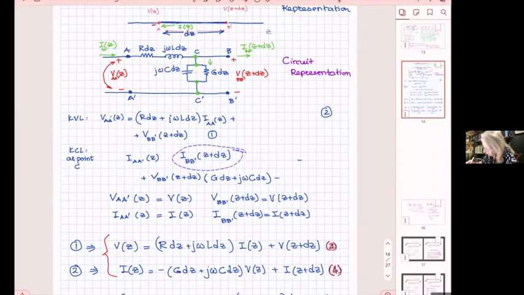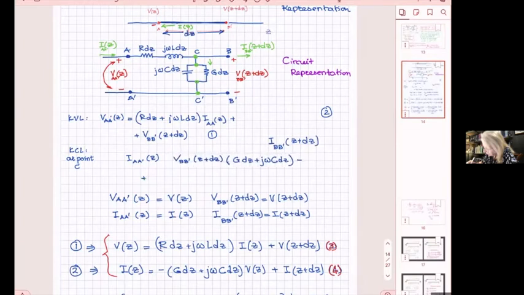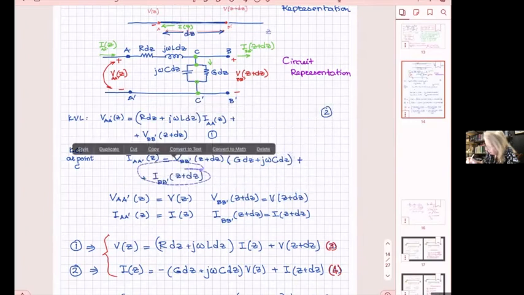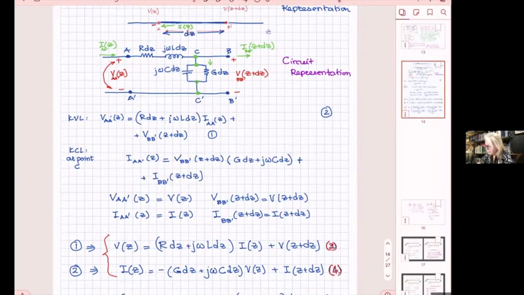Let me move this back. There is an equal sign, plus this one. Now it's better. Okay, that's the correct equation.